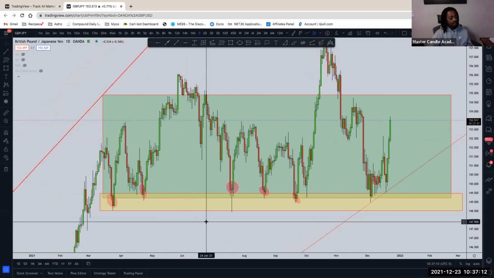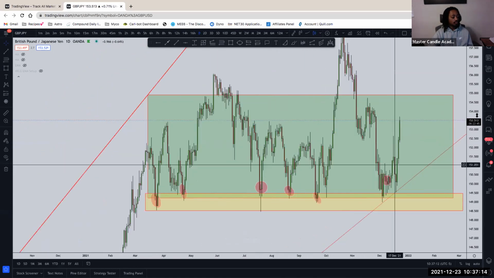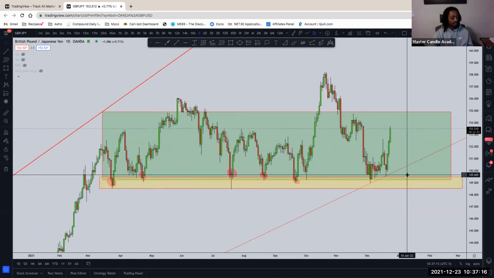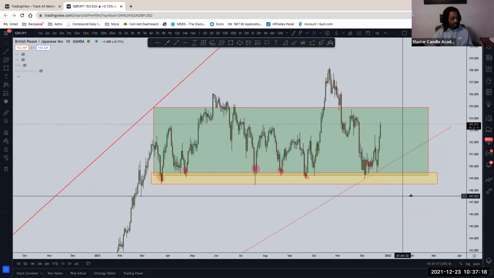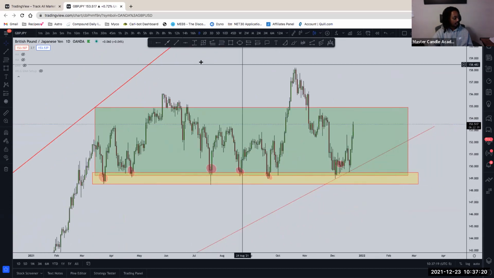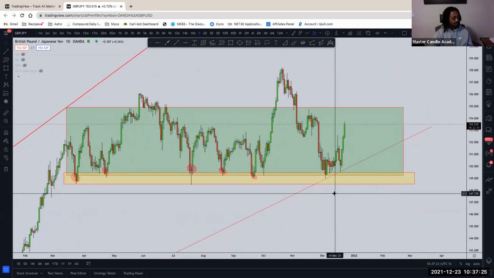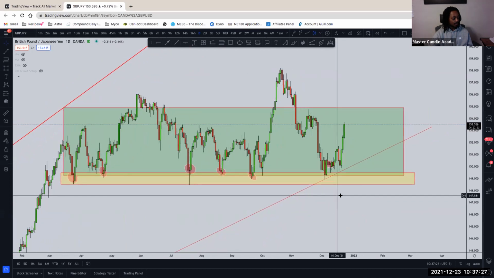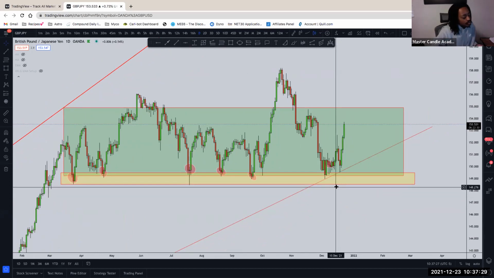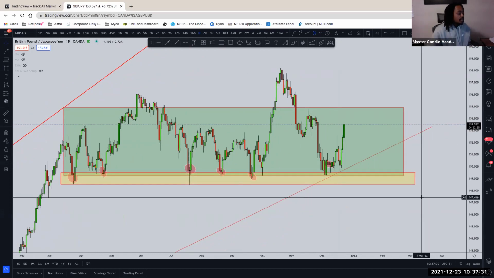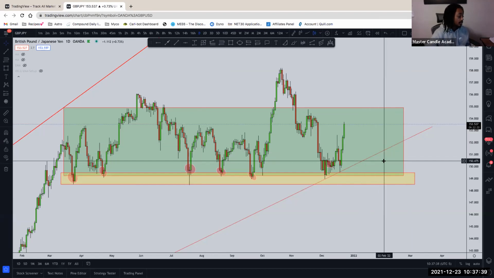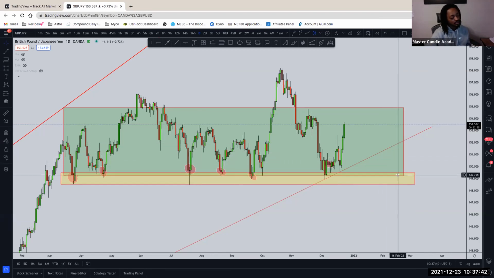Another way I like to trade consolidation is, let me see, it's too high of a time frame to do it actually. So I was gonna try and show you guys, how do I want to explain this? I don't want to confuse you guys.